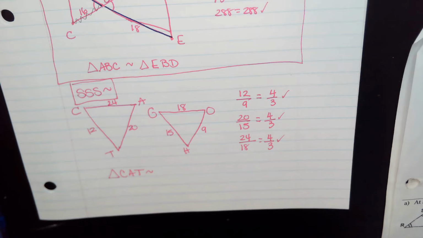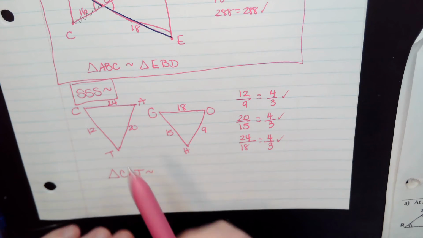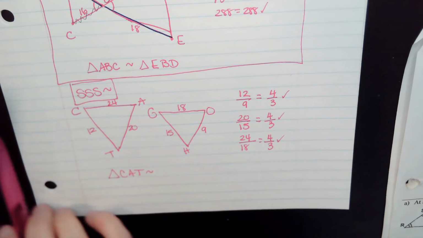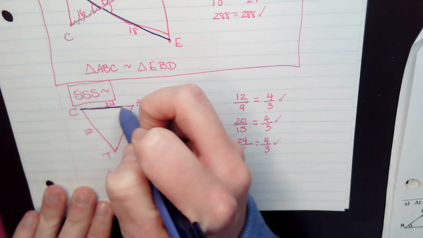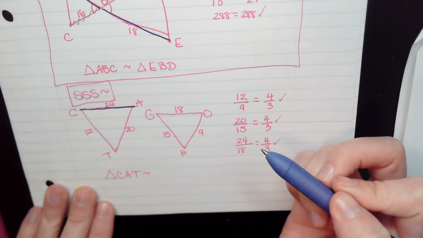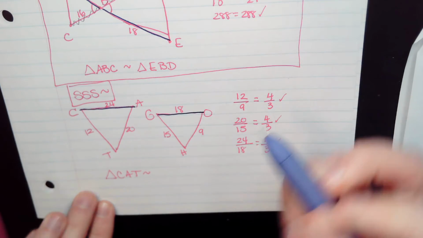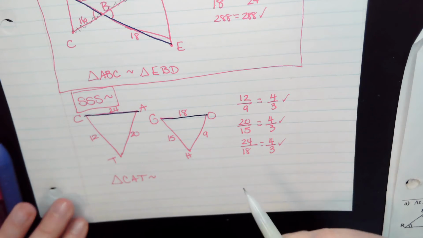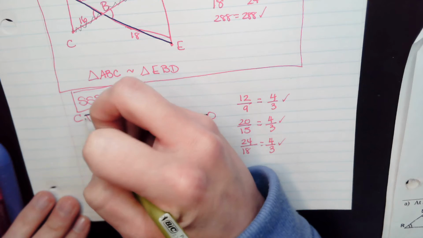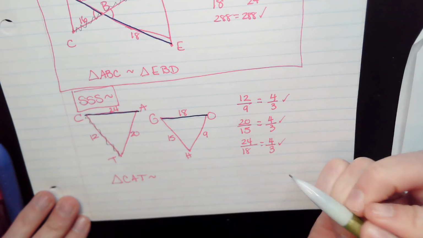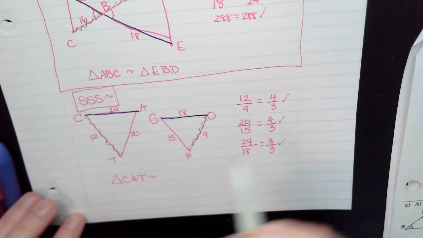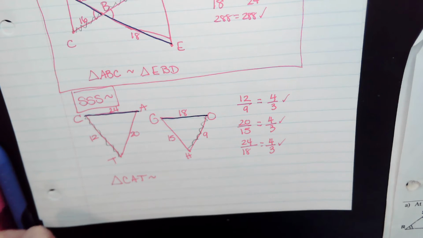So go ahead and pause your video and write the similarity statement for this one. So I call this CAT. Again, if it helps, take colors, make the longest side, so the 24 went with the 18, and the 12 right here is the smallest side, went with the 9.